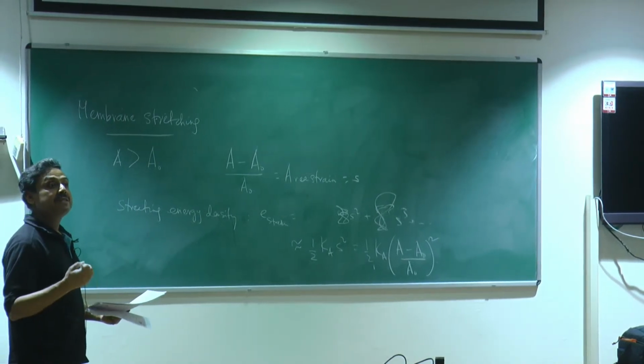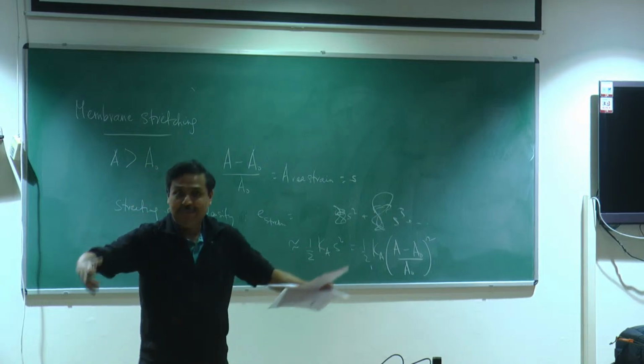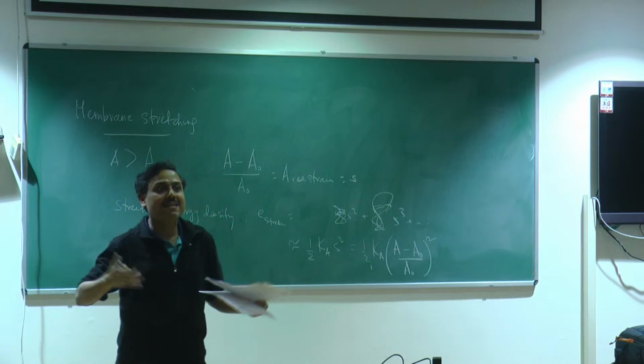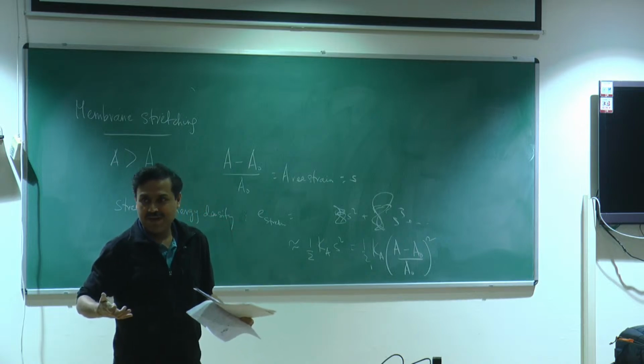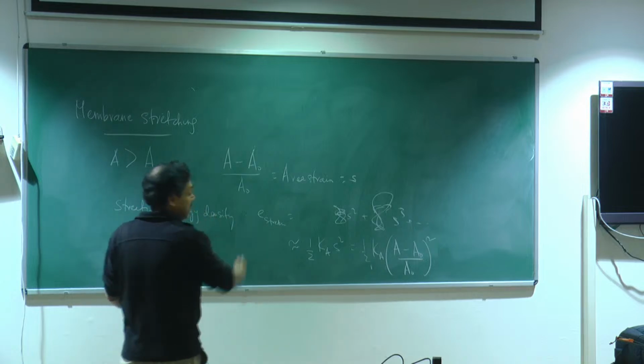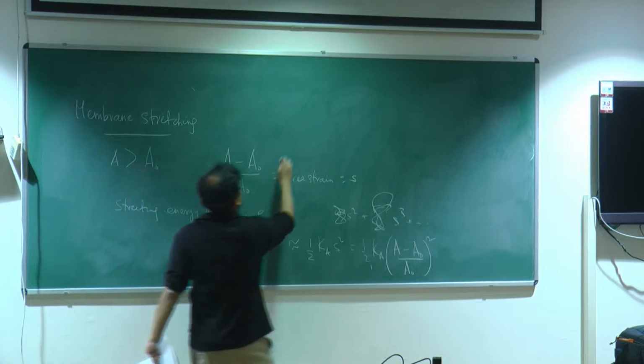But I'm really interested in the stretching energy, not the energy density, but the energy for the entire membrane. The relaxed area of the membrane was A naught. So if I want to find out the total stretching energy, I would get the following form.